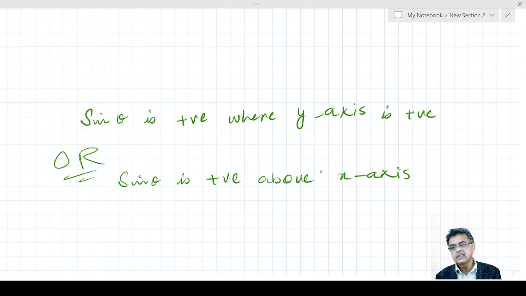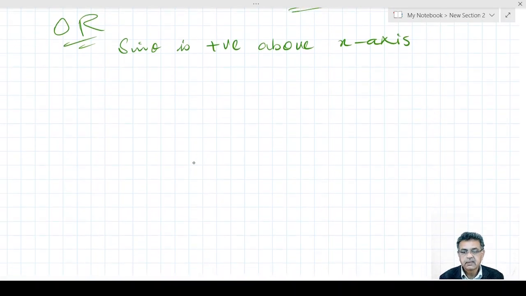Once again, both sentences have the same meaning because y is positive above the x-axis. So if this is the x-axis, this is the x-axis.